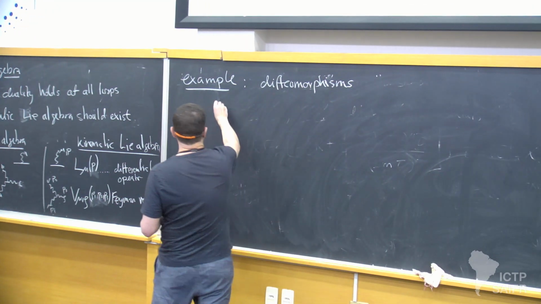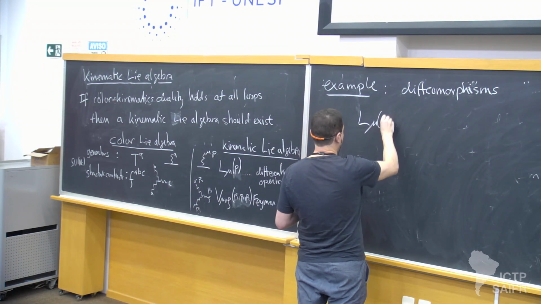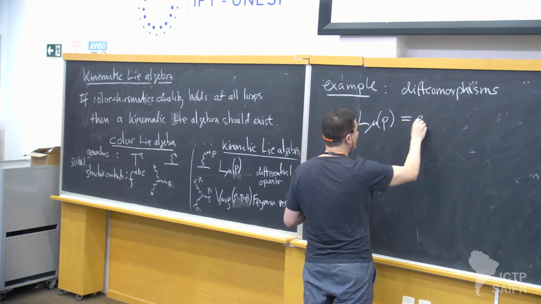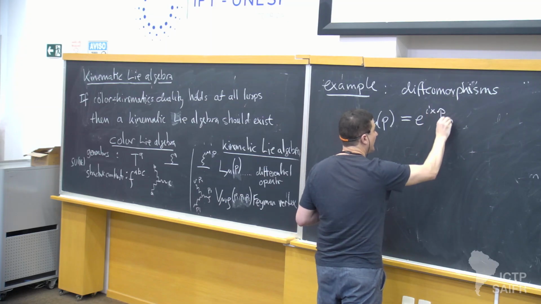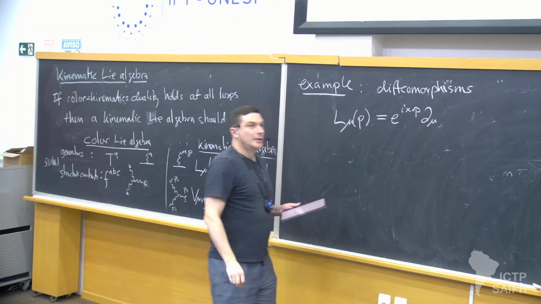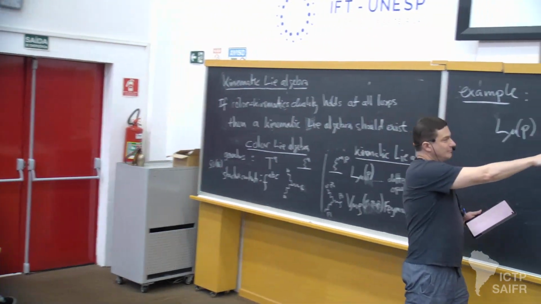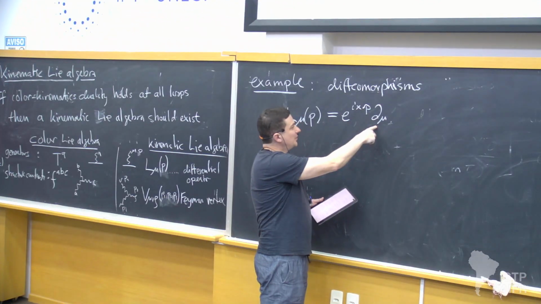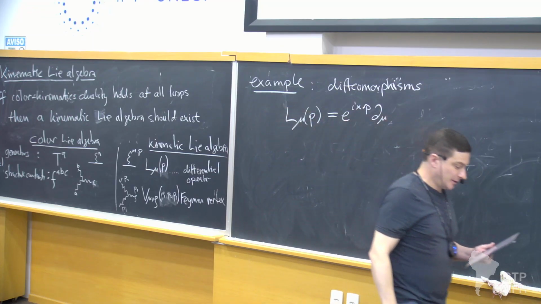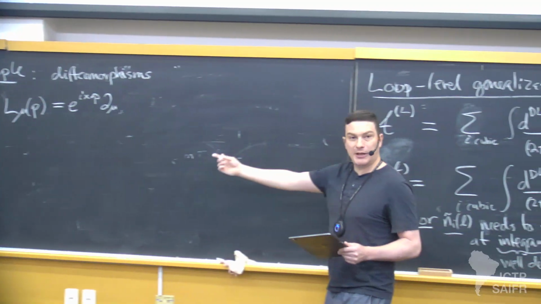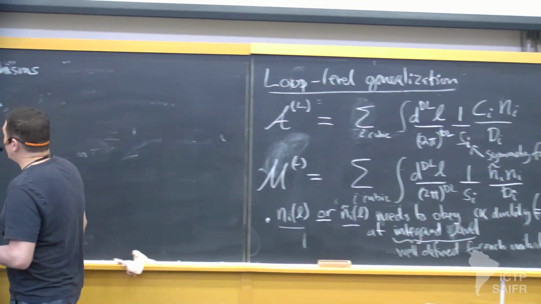It turns out that the generator for diffeomorphism can be written in the following way. Basically, it's a plane wave factor, and then it's just a derivative. Usually, that's not how you write diffeomorphism. Usually, you just write the derivative itself, or the derivative times any function. But here, I want to work in a certain function space, which is plane wave basis, right? So that's the generator.